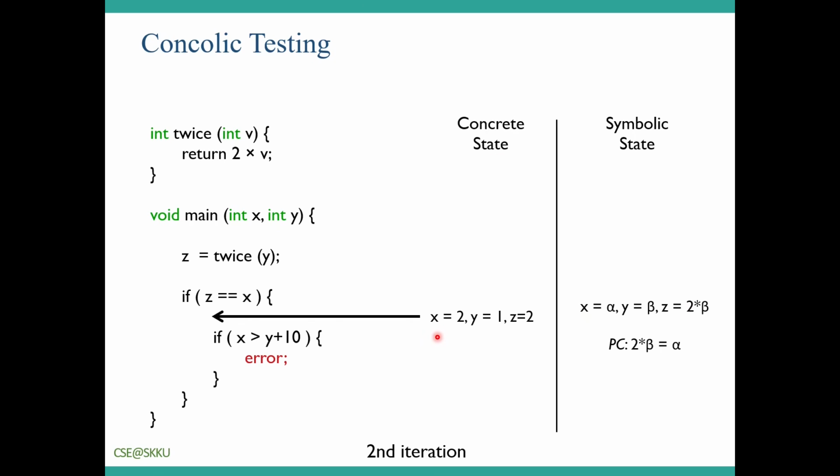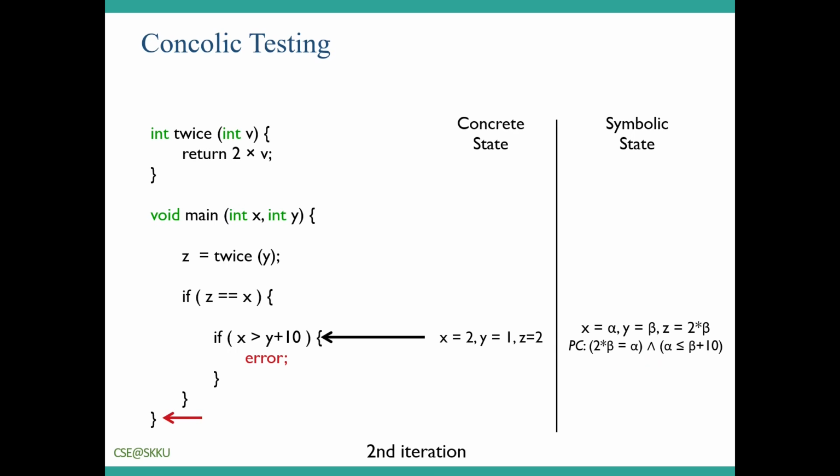At the next line, we can get into the true branch because in this case z and x are equal. And we update the true branch condition, 2 times beta is equal to alpha, in the path condition.